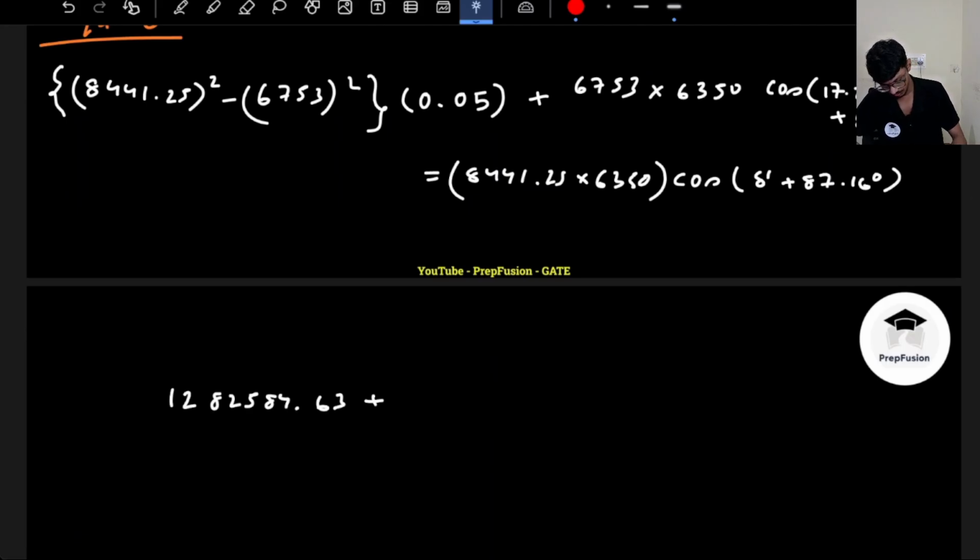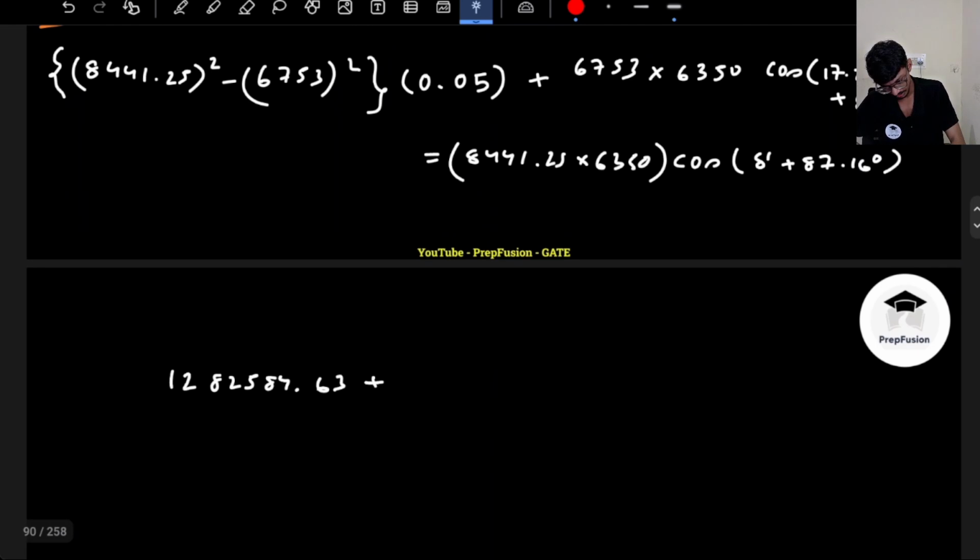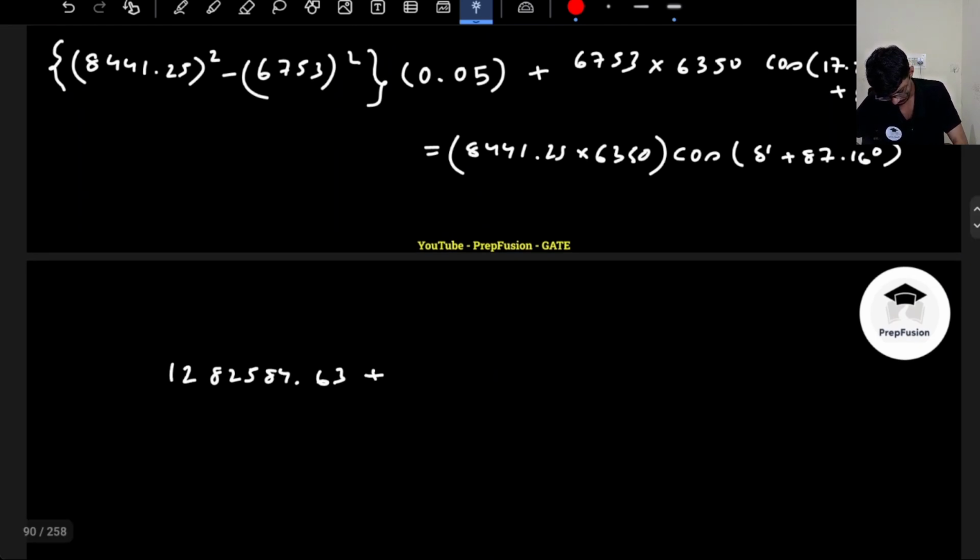Which is quite large, to be honest. Now if I add this with this value, 1282,584, this is coming out to be negative. Okay, that is fine.